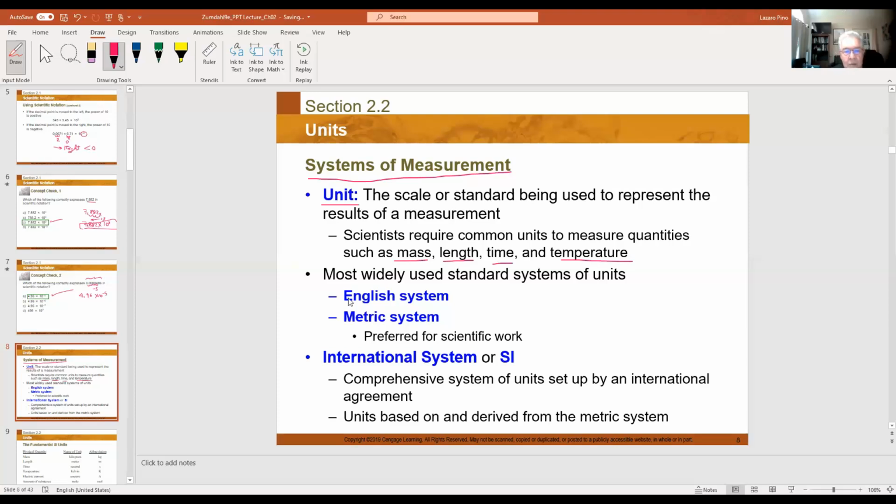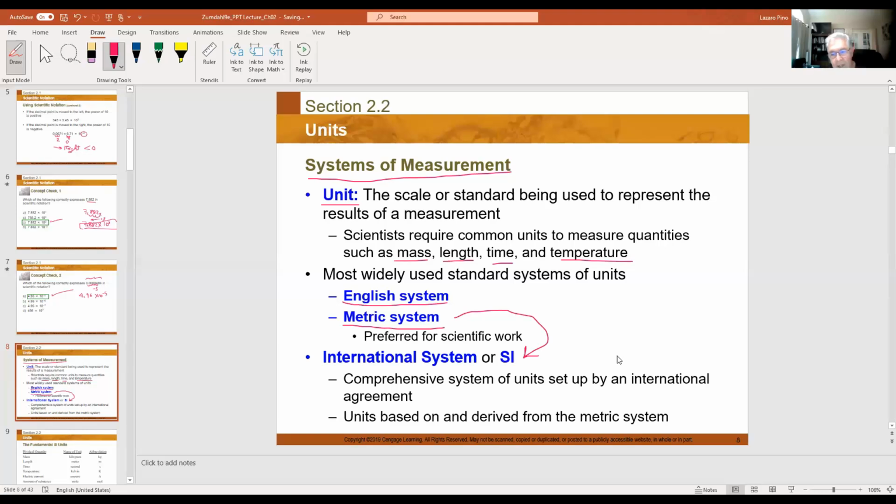In the United States, we use the English system, but in science and in the rest of the world, we use the metric system. Right now, we are using the international system that comes from the metric system.